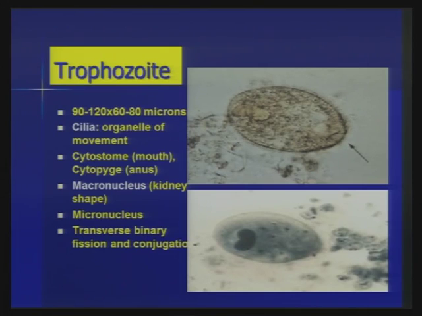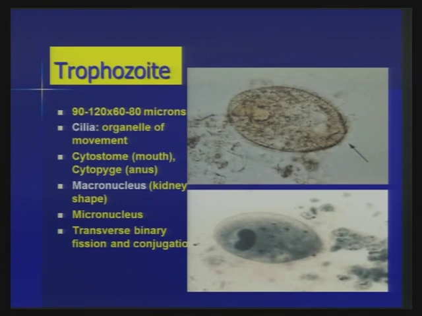But we cannot see this one. This is so small. They have two nuclei, macro and micro. We see macronucleus here. And the description, we call that a kidney shape. It looks a little bit like a kidney.